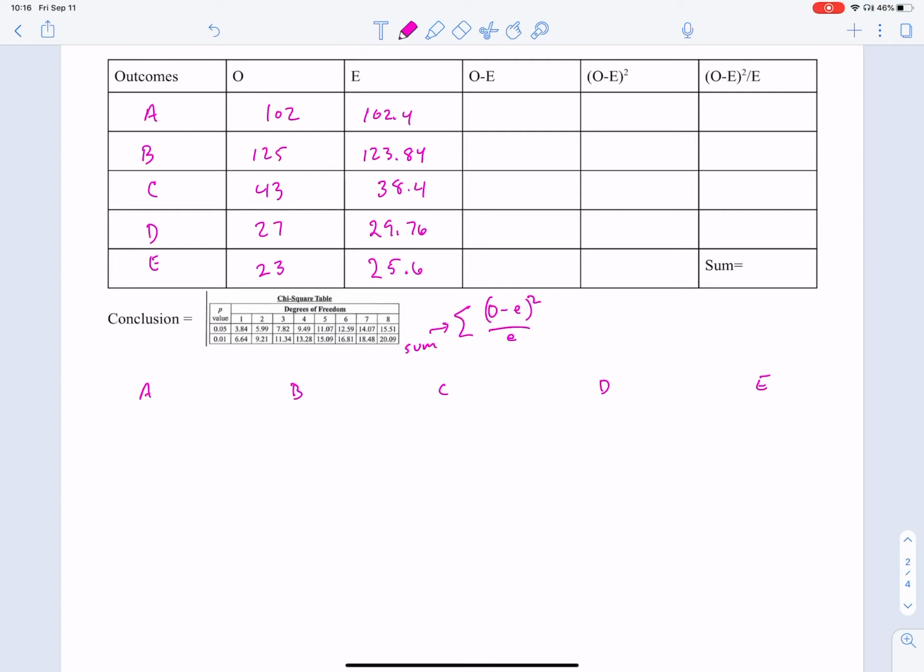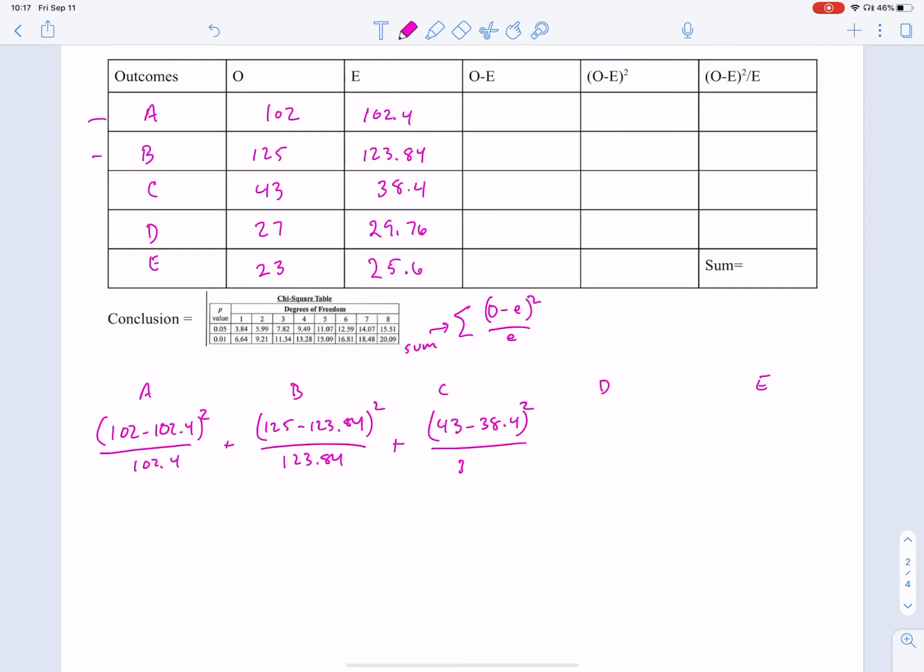For each discrete outcome, A through E, I do the observed, 102, minus the expected, squared, over the expected, just like that. Then I do an add sign, and I do that all the way through: observed minus expected, squared, over expected. Again, the reason we square them is so that you don't have negative numbers.